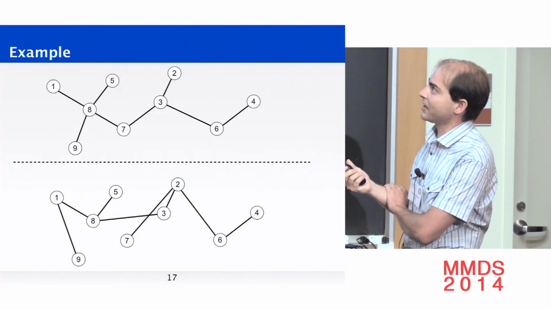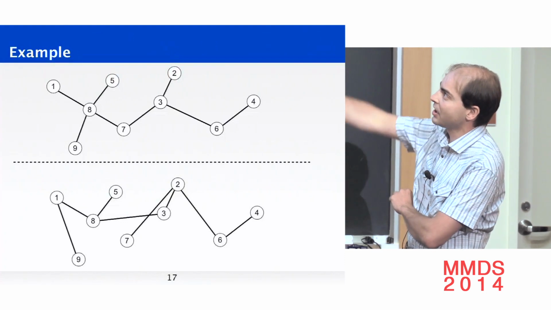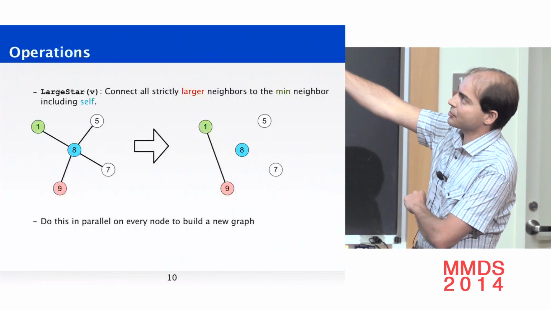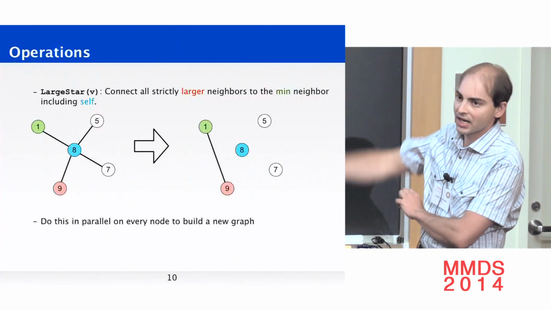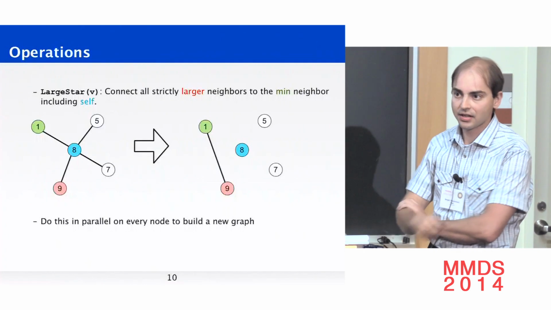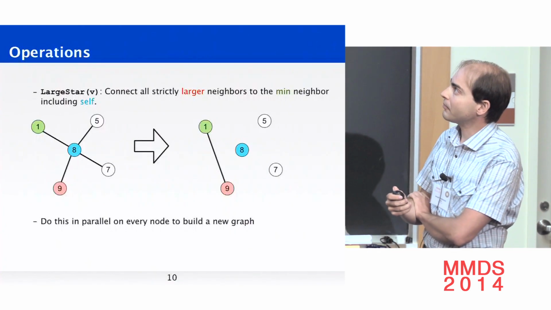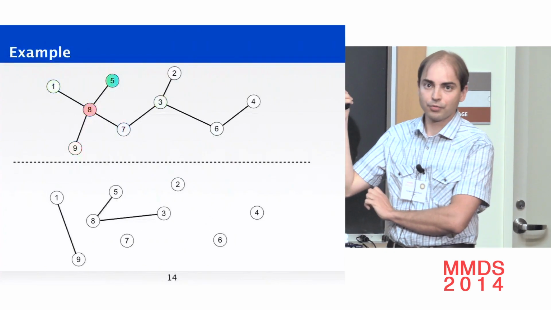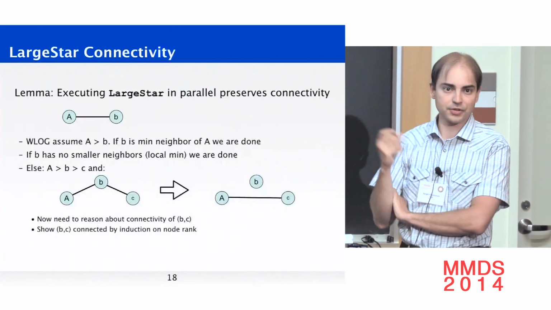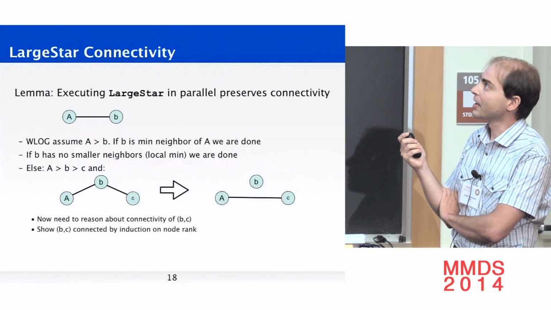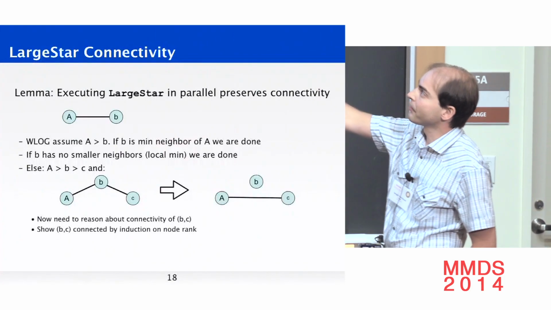This may not be obvious, because I have these 4 edges that are connected to 8, and I created one edge 1 to 9. And you might ask yourself, how is it that I've kept the connectivity overall here? So there's a proof. We can go through the proof, but we can go through a different set of intuition which will make this proof almost unnecessary.